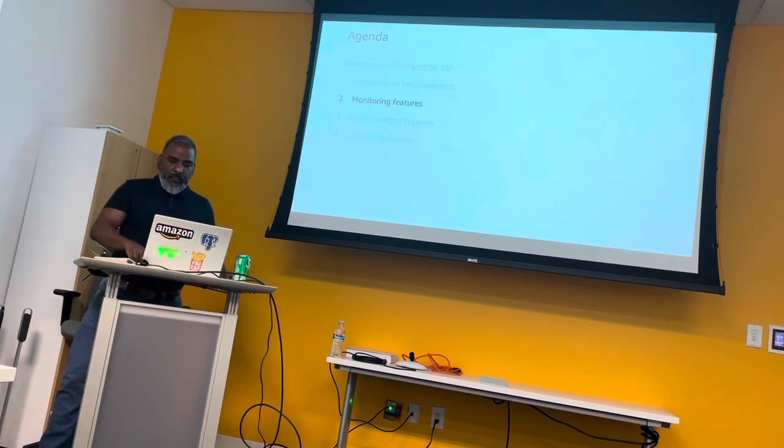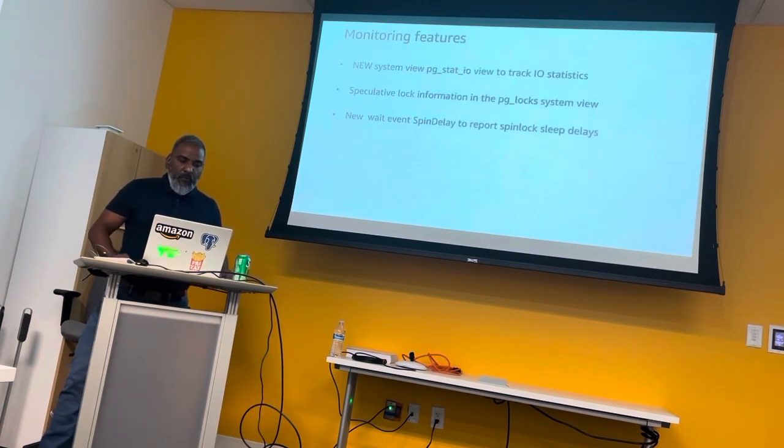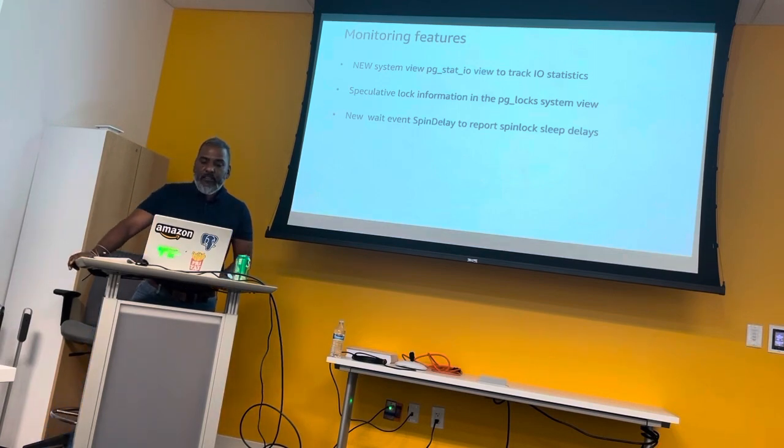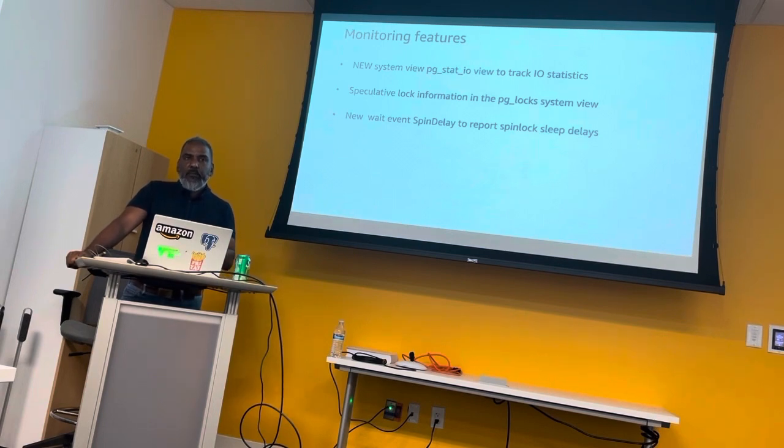Cool, monitoring features. PostgreSQL has added a new system view called pg_stat_io that is helpful to track IO statistics. Definitely a good add-on for managed databases, like RDS or Aurora, because in RDS or Aurora you don't get access to the host. So from the database side, if you can select from a system view and look at information about the IOs, that would be great.